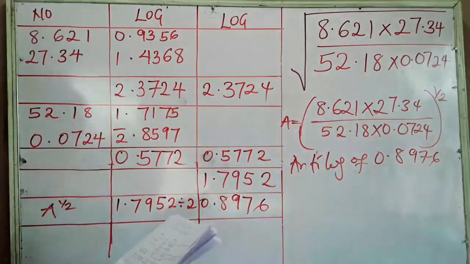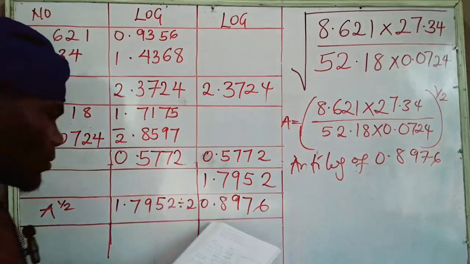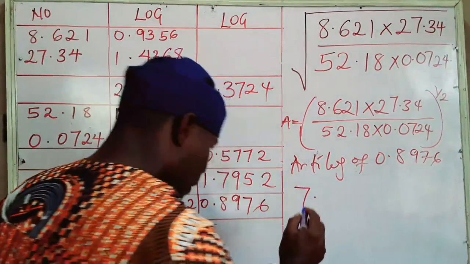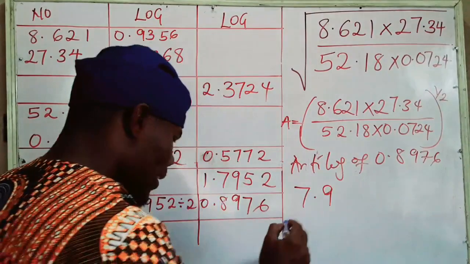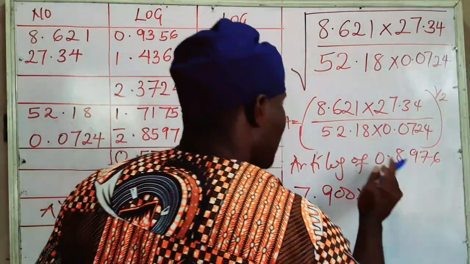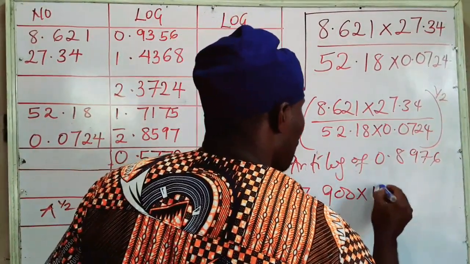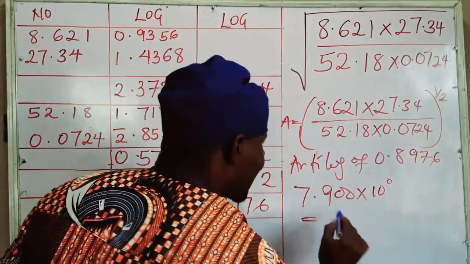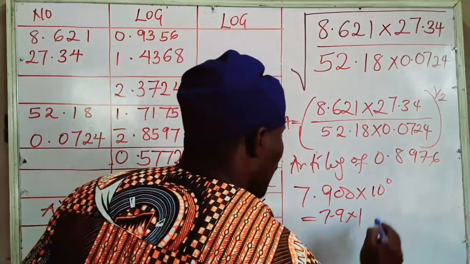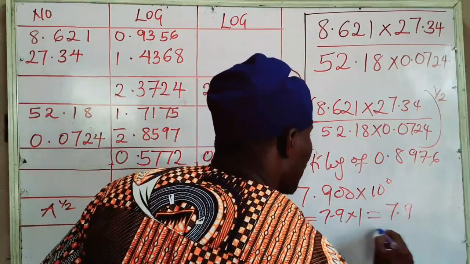When we find the antilog, our value gives us 7.900 times 10 to the power 0. So the final answer here will be 7.9 times 1. So the answer is 7.9.